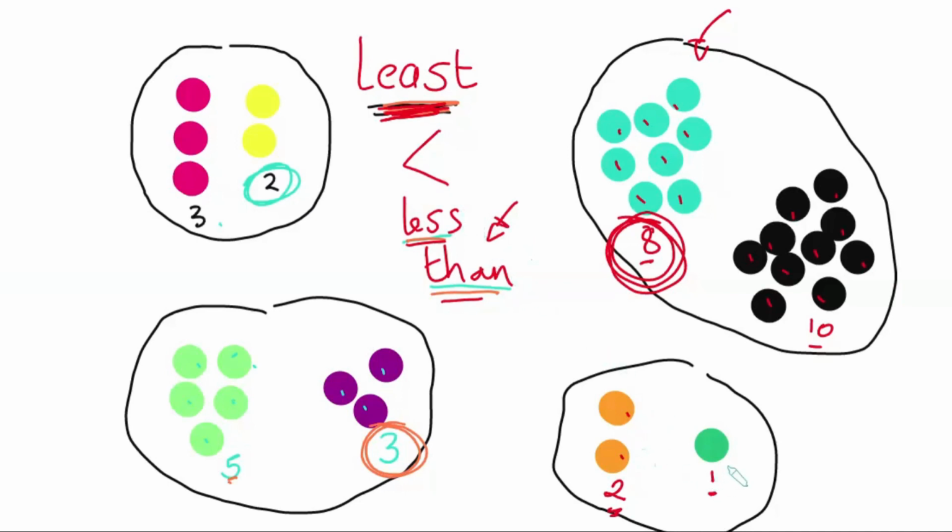We know that 1 is smaller or less than 2. So we've circled number 1 to identify which group or which colour has the least amounts of dabs in them. Absolutely fantastic. I'll see you on the next one.